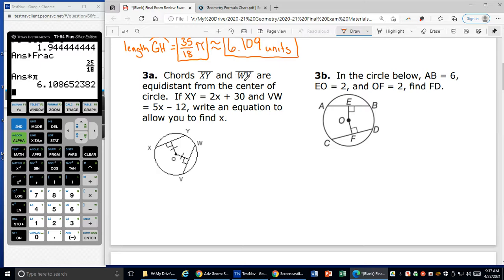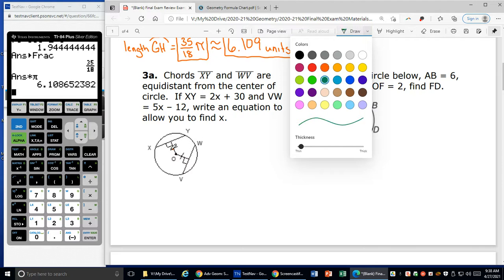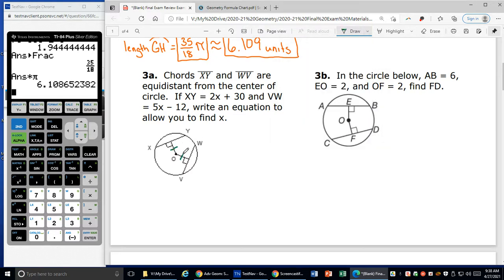Chords XY and WV are equidistant from the center, and I can see that because it's marked in the figure for me. I have my tick mark here and here. If XY is 2x plus 30, so this one here, and VW is 5x minus 12, VW here is 5x minus 12, write an equation to allow you to find x.